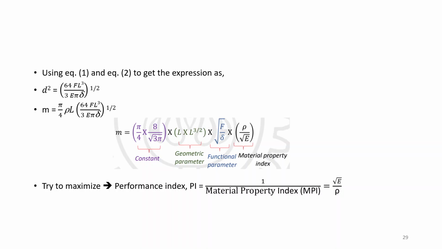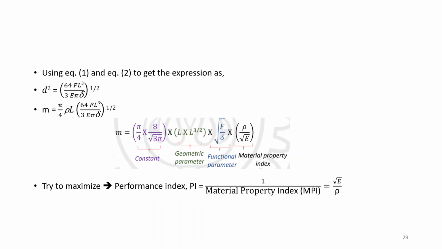Now M equals, you have to segregate constants, so pi by 4 times 8 upon under root 3 pi times L multiplied by L to the power 3 by 2 multiplied by under root F upon delta times rho upon under root E. So rho upon under root E is the only one that involves properties.